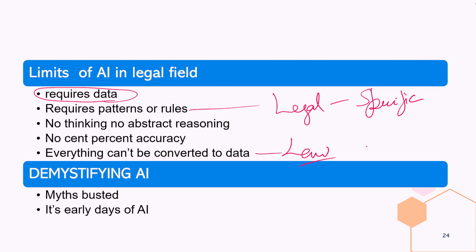Everything can't be converted to data in the field of law, because law is a societal discipline which is dynamic, which is living, which is everywhere. You see its application everywhere in different fields and in multifarious dimensions.